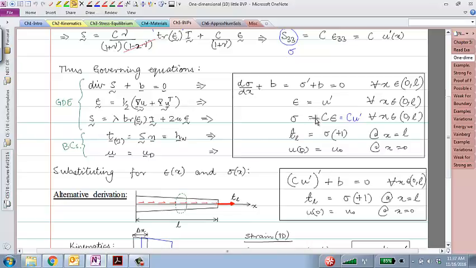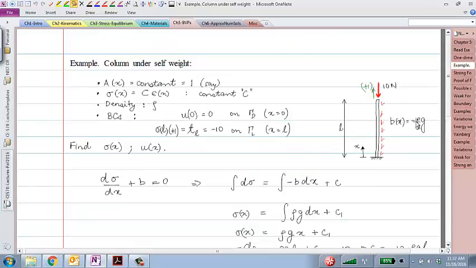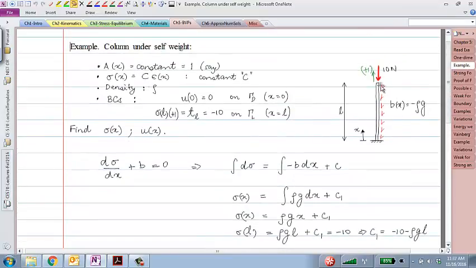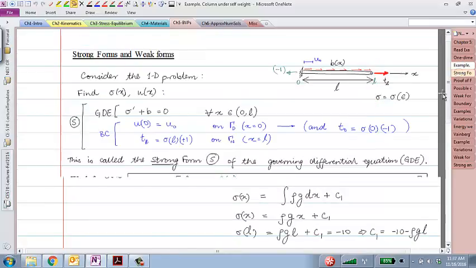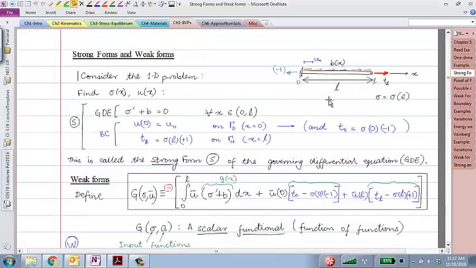If you substitute in the strain definition and the material properties, you will get just one second order ordinary differential equation with two boundary conditions. We looked at quite a few different examples of how to generate exact or analytical solutions to these types of problems. And last time, where we had started was that we know how to solve this one-dimensional problem.